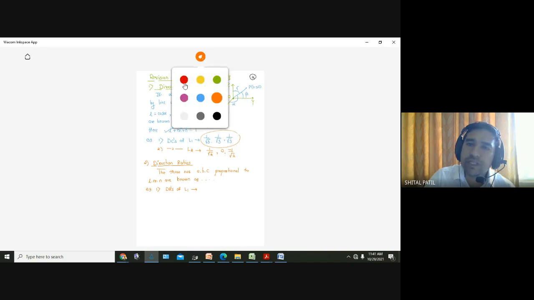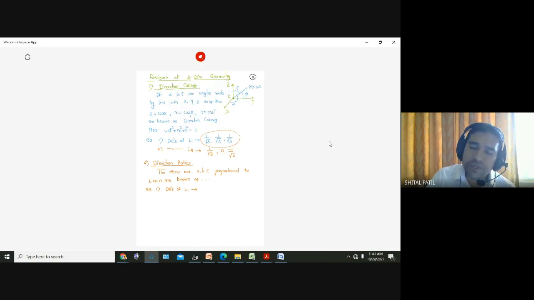Hope you remember we studied this in M3. You multiply the three numbers by any non-zero number. Say I multiplied by 2, so 2 by root 3, 2 by root 3, 2 by root 3. So direction ratios are not unique.